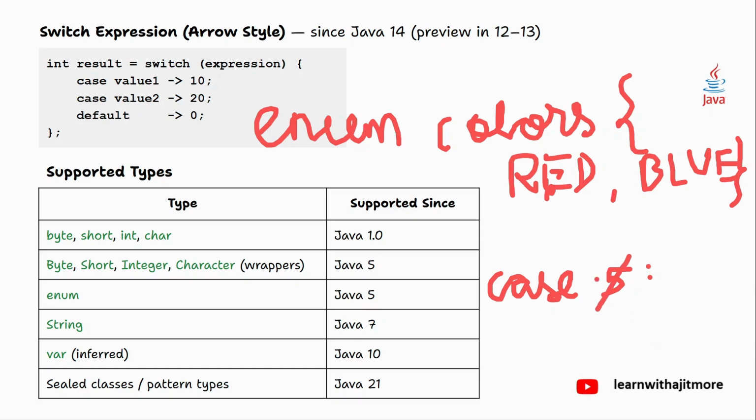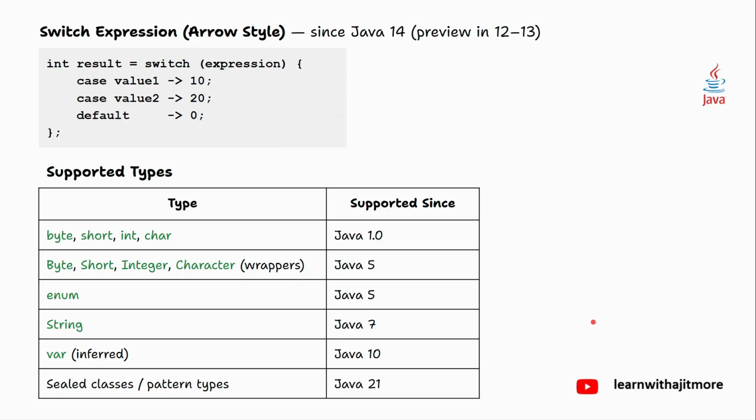Instead of that, can I write that meaningful word only over here? Case RED, case BLUE. It becomes more meaningful, more readability. Getting? And the code becomes more meaningful code. Right? तो वो भी facility इधर add हुआ. तो enums pass करने का provision है.